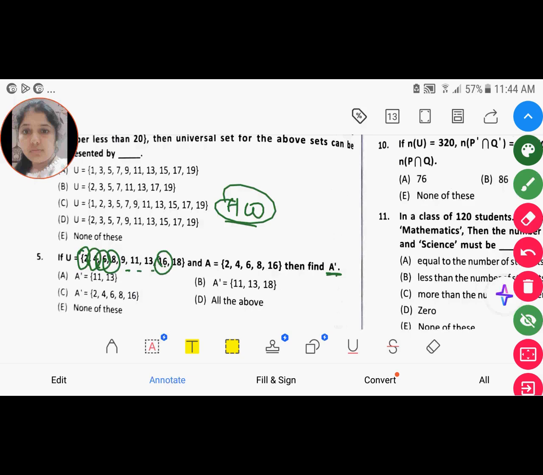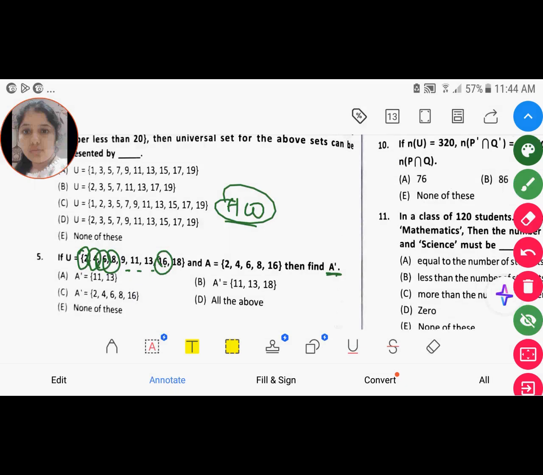I think none of these should be the answer because they have not taken 9 in any of the sets, because A complement contains 9. Only 11, 13, 18 is not the answer. 9 should also be there.